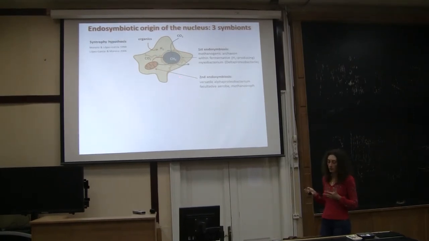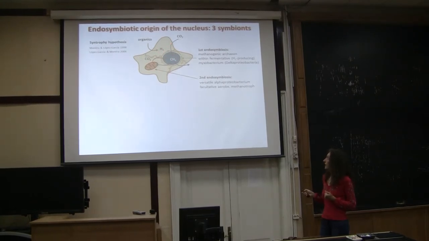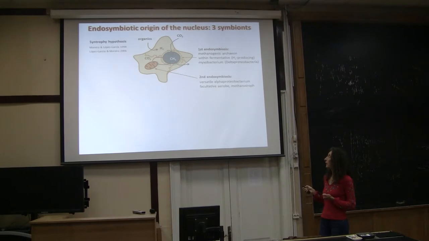So these are complex bacteria belonging to the delta proteobacteria. Their relationship would be based again on hydrogen transfer, so that the myxobacterium would be fermenting organics and producing hydrogen, and this hydrogen would be essential for the methanogen to make methanogenesis.